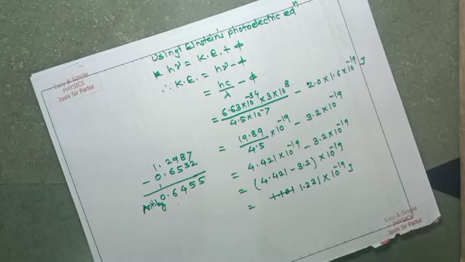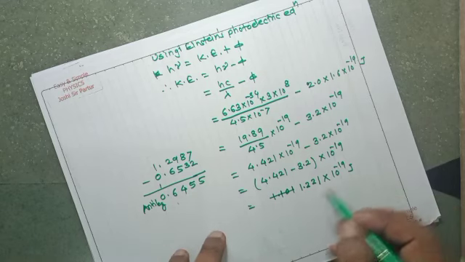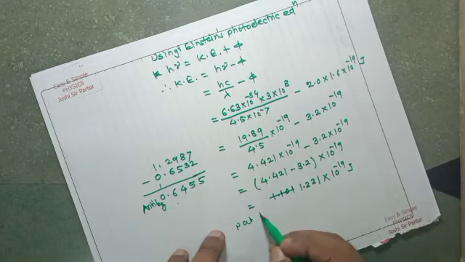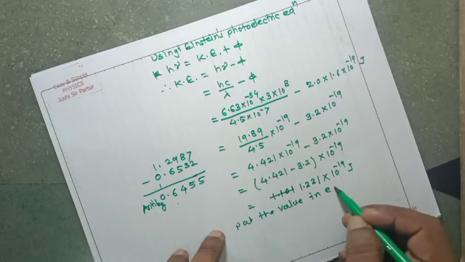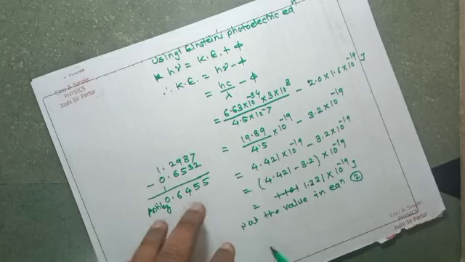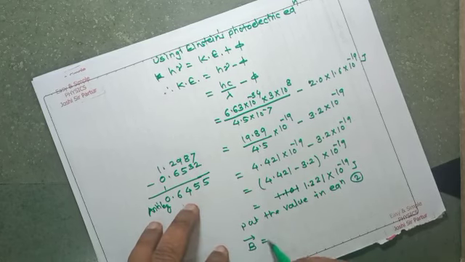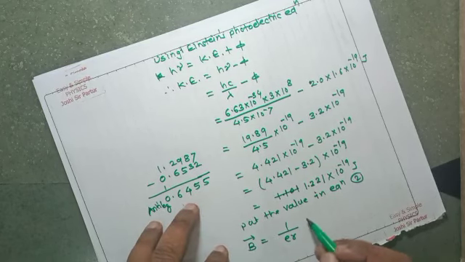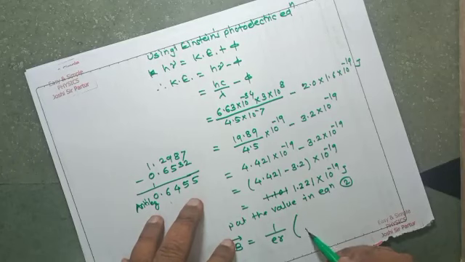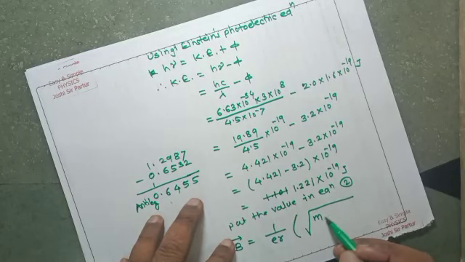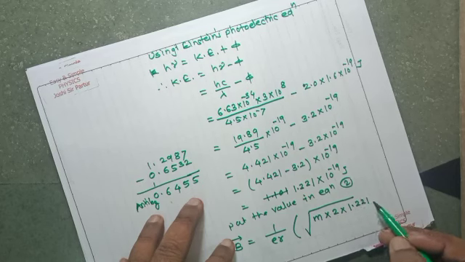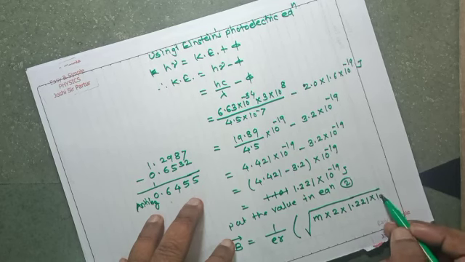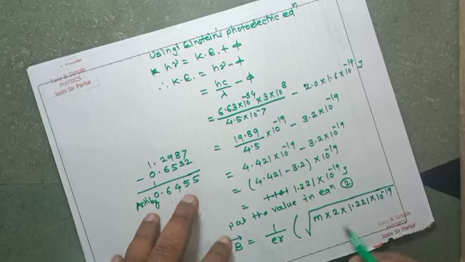So here we put the value in equation 2. So B is equal to 1 upon eR times the square root of small m multiplied by 2 multiplied by 1.221 into 10 to the power minus 19.